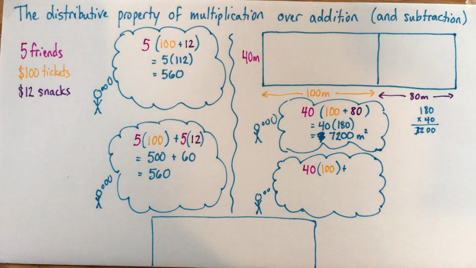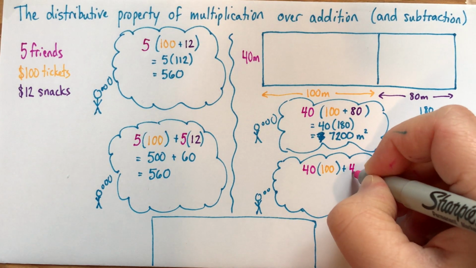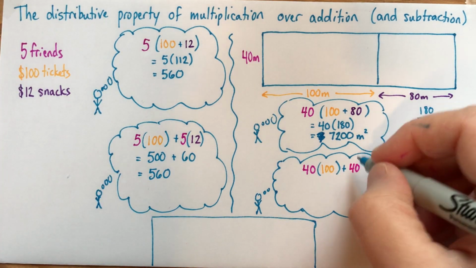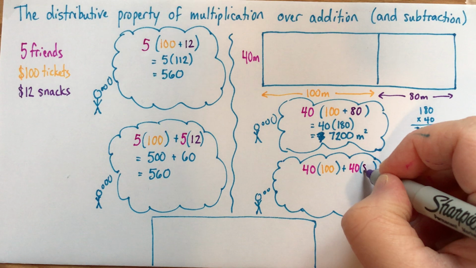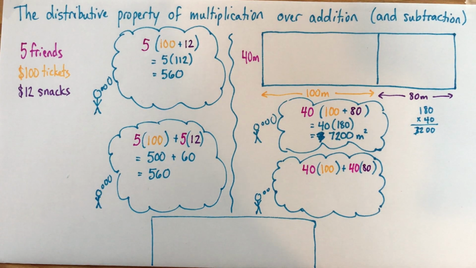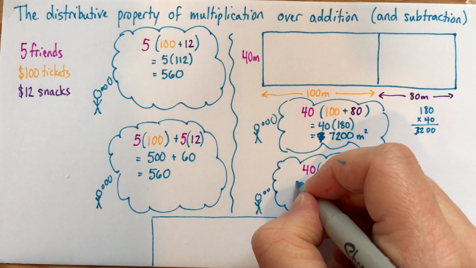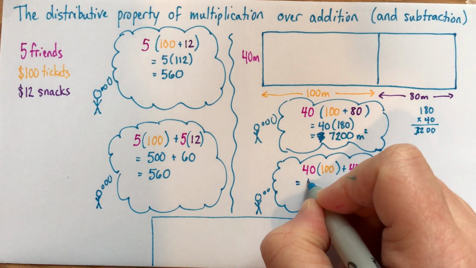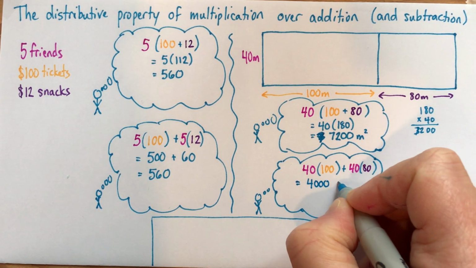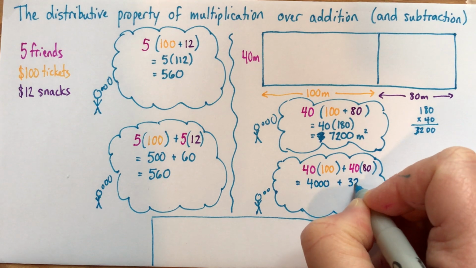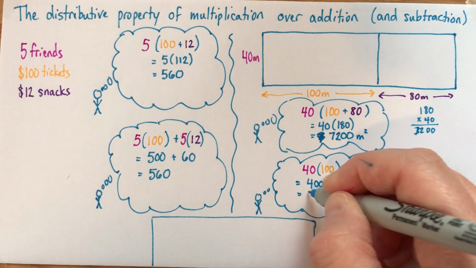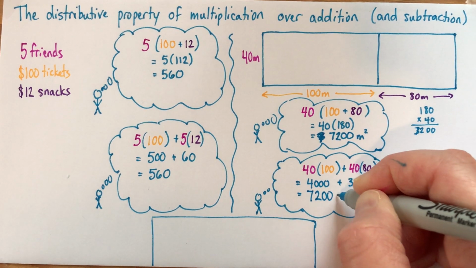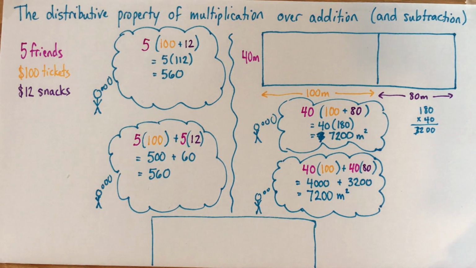And then they're going to do 40 times 80. So as they do this, they think, okay, the area of the left property, 40 times 100, that's 4,000. And the area of the right property is 3,200, which altogether is 7,200 square meters.